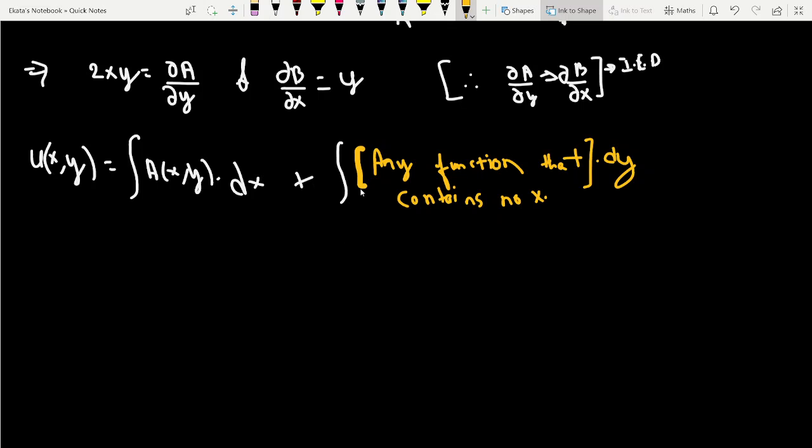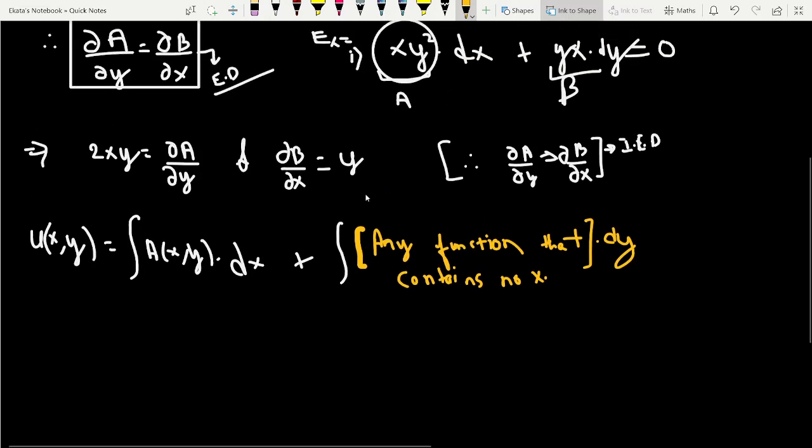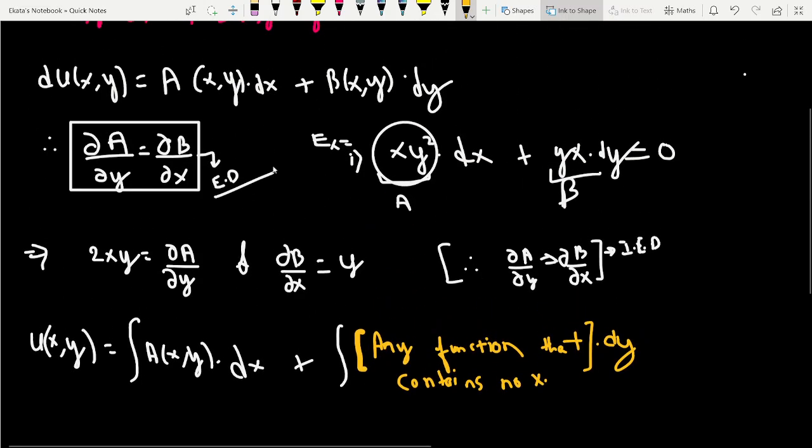In the second integral sign you have to choose your b function, but neglecting the x. You do not have to choose the x, you only choose b as a function of y, or if b contains any constant, you just remove the x.